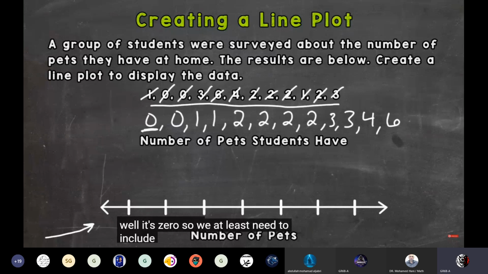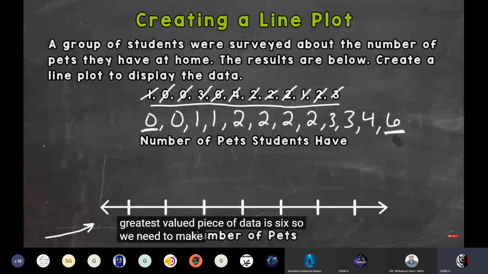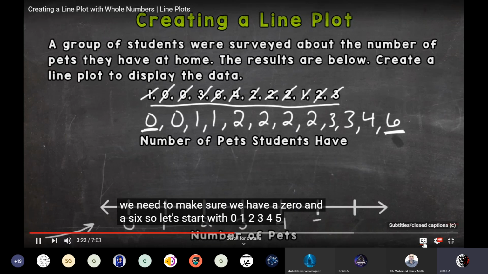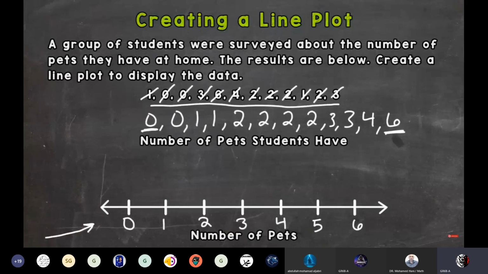So we at least need to include that in our number line. And our greatest valued piece of data is 6. So we need to make sure we have a 0 and a 6. So let's start with 0. 1, 2, 3, 4, 5, and 6. So that number line will include all of our data results.